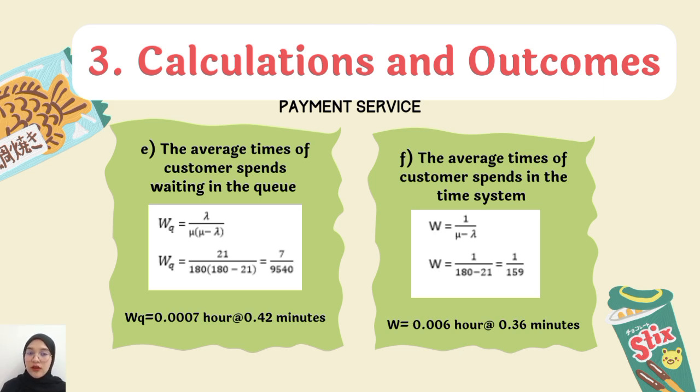Substituting the values, W equals 1 over in bracket 180 minus 21, equals 1 over 159, approximately 0.006 hours. Converting this to minutes, W is approximately 0.36 minutes. So on average, a customer spends 0.636 minutes in the entire system, including both waiting and being served.